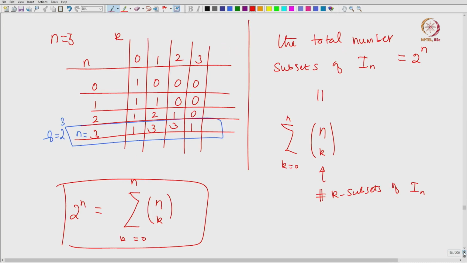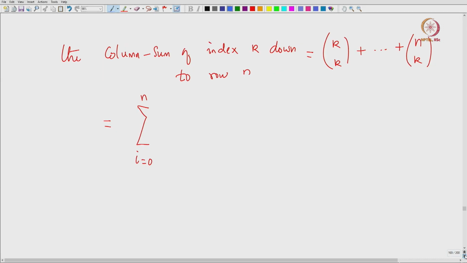So, if I fix k and then look at the column sum, then the n is varying. Then what we are getting is just i choose k, where i is varying from 0 to n, and this is the column sum of index k down to row n, which is same as k choose k plus etcetera plus n choose k, because i choose k will be 0 whenever i is less than k.